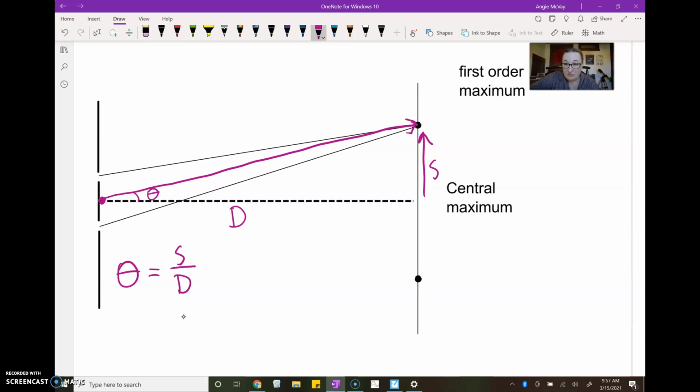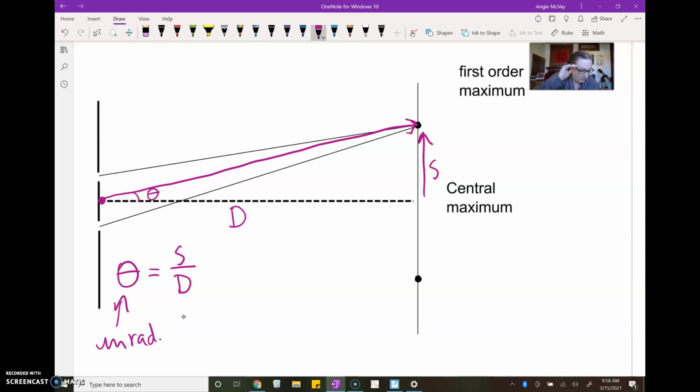Again, using the small angle approximation, we completely ignore tangent, where theta is in radians. Do you remember that from last class? Where we can say tan theta equals sine theta equals theta in radians. And so this comes from a tangent function, opposite over adjacent.